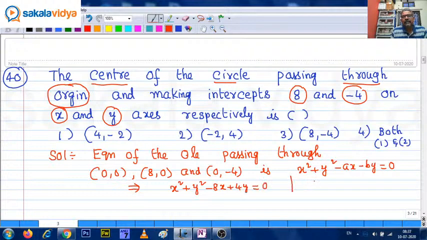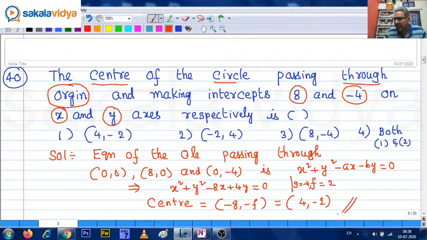So here g equals to minus 4, f equals to 2. Therefore center equals to minus g comma minus f, that is 4 comma minus 2.